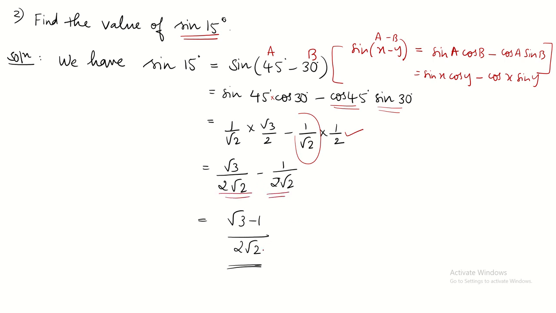I have written it once, 2 root 2, and in the numerator you have root 3 minus, you have the second term as 1. So root 3 minus 1 divided by 2 root 2 is your answer for sine 15 degree. I hope this question is clear to you all.